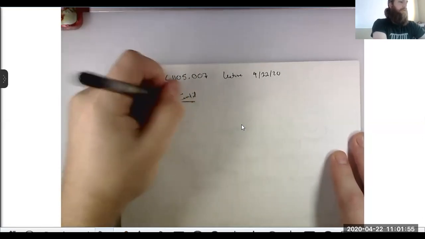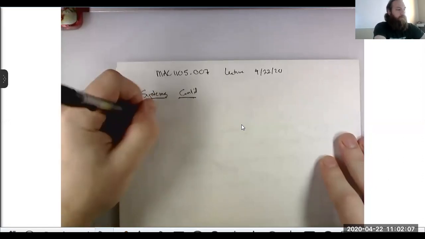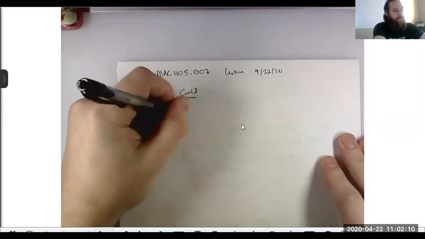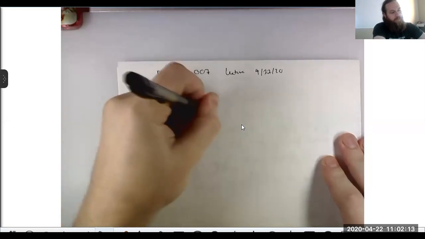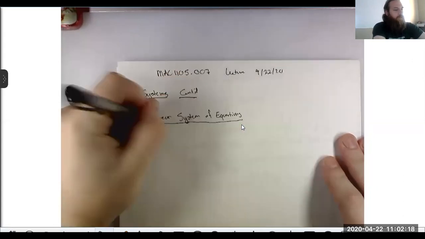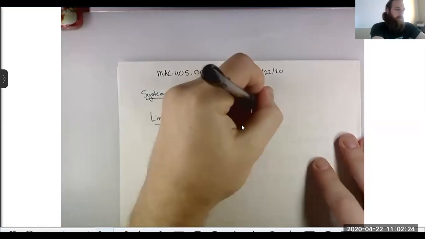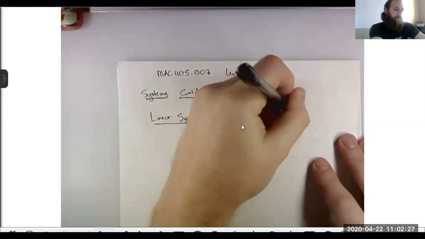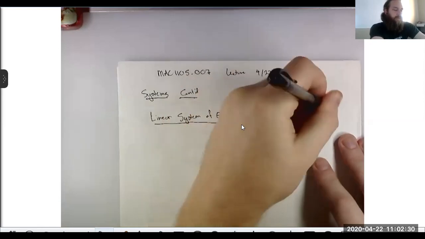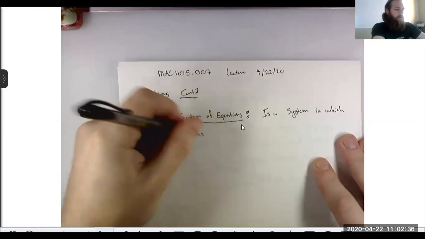Last time we saw two methods for solving systems of equations, and we categorized systems of equations into two categories. So there are linear systems and nonlinear systems. Remember, a linear system is a collection of equations meant to be solved simultaneously, i.e. a system, in which all the equations are linear.